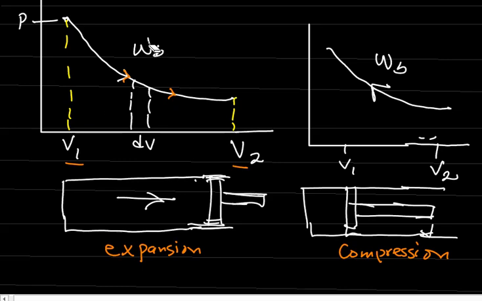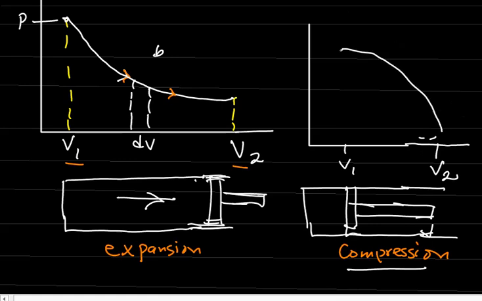Because the work done is not zero, the only way that is possible is if the compression process moves through a different path. So this is point 1 and point 2, and we move through a different path.